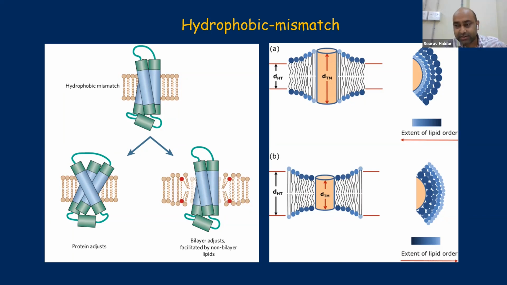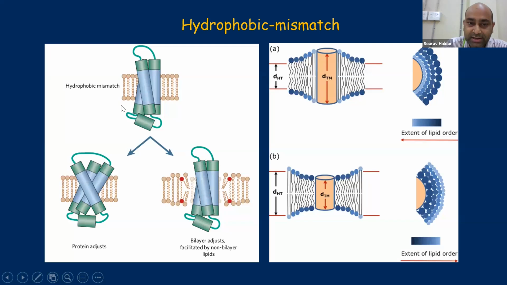So one form of lipid-protein interaction is hydrophobic mismatch. So what happens in hydrophobic mismatch is that typically when we have a transmembrane domain, it has a hydrophobic amino acid sequence. So they are not very stable when they are exposed to aqueous environment.